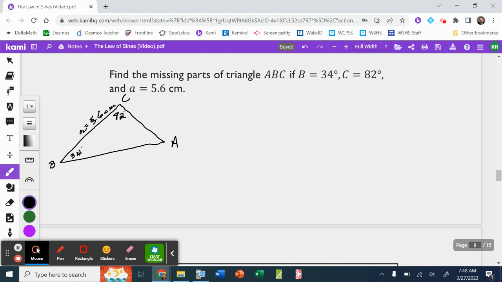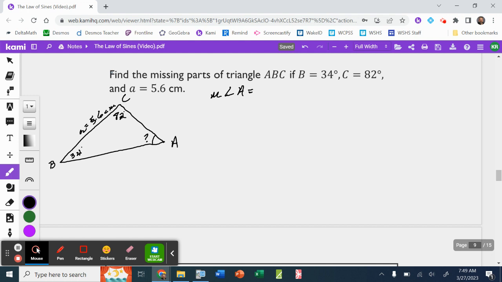So they ask us to find all the missing parts. Well, angle A is one of our missing parts. So I'm going to write out that the measure of angle A is equal to. Now, again, I can use the fact that the sum of the angles for a triangle in a plane is 180 degrees. So I need to figure out what is angle A here.